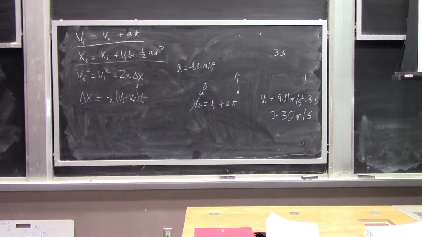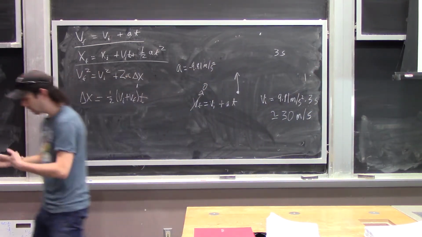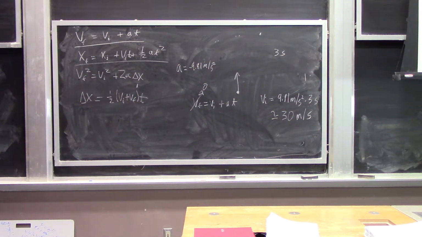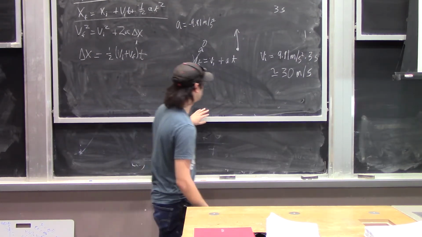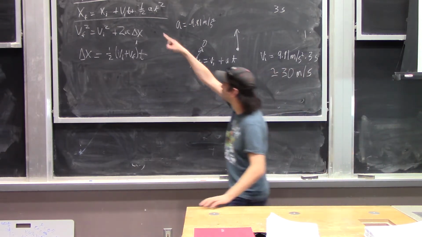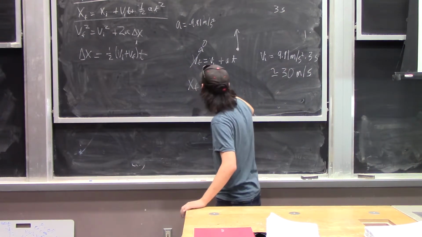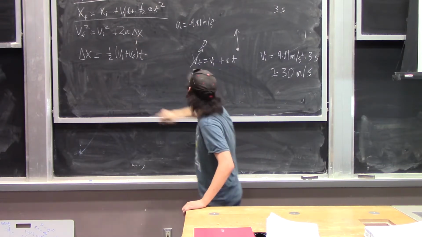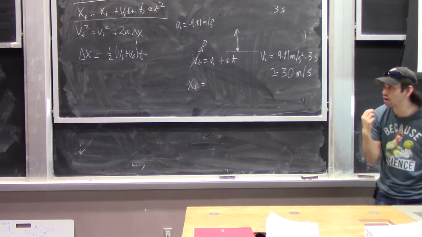Okay? So then what we want to do is find what the maximum height is, or how high this ends up going. And in order to do that, we can use this initial velocity in conjunction with the second equation. So xf is going to be equal to, we can say the initial position is 0. We'll define where it starts to be 0.